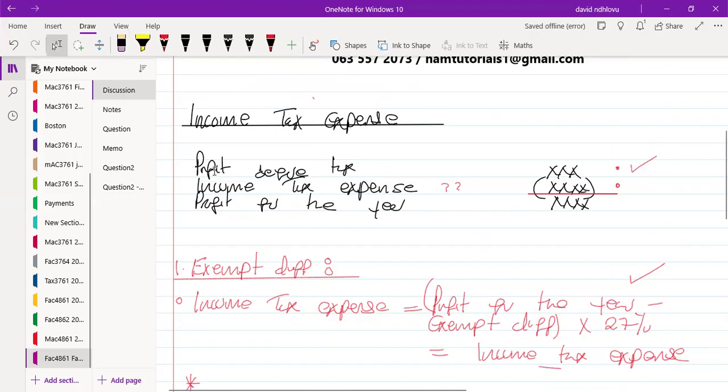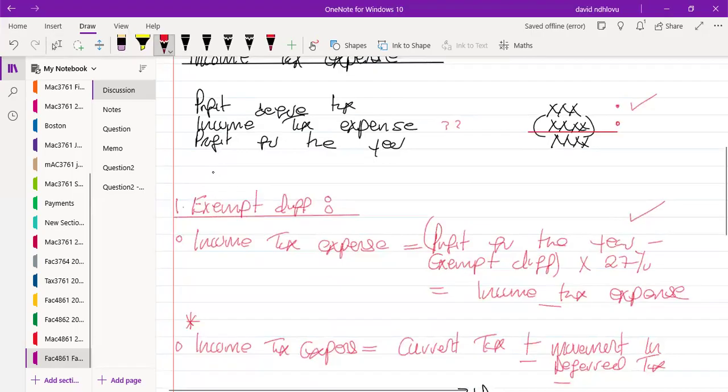Now, what you should always remember is that temporary differences do affect the calculation of the income tax. That is why in my submissions here, I said profit for the year less the exempt difference, because these will never affect the income tax expense. So they are not included in that calculation ever. Right. However, the temporary differences are included there.